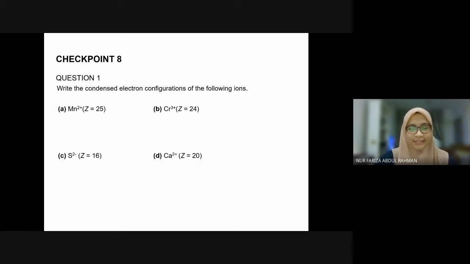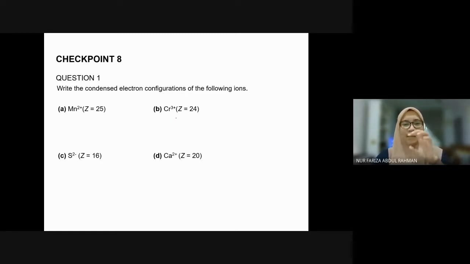Alright, okay guys. Okay, let's try to solve for B. Write the condensed electron configuration of the following ions. Okay, before we could write the electron configuration for the ions, we need to start from the atom itself. Kena start from atom dulu.